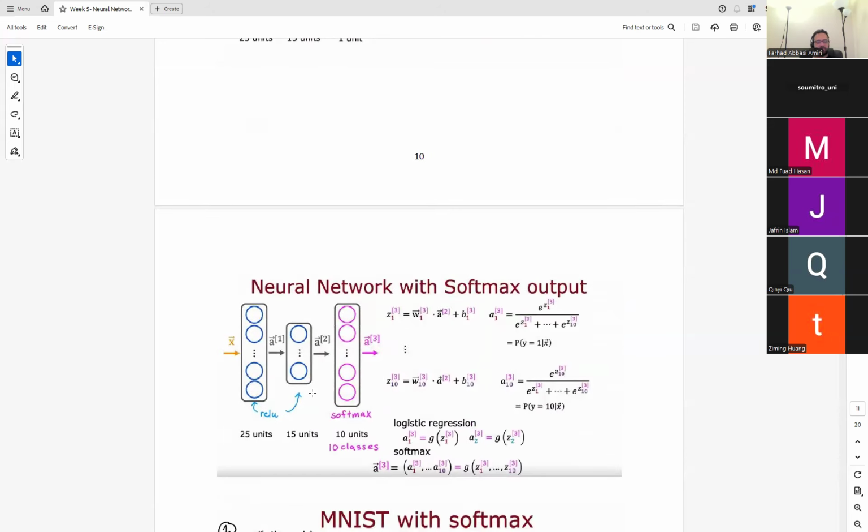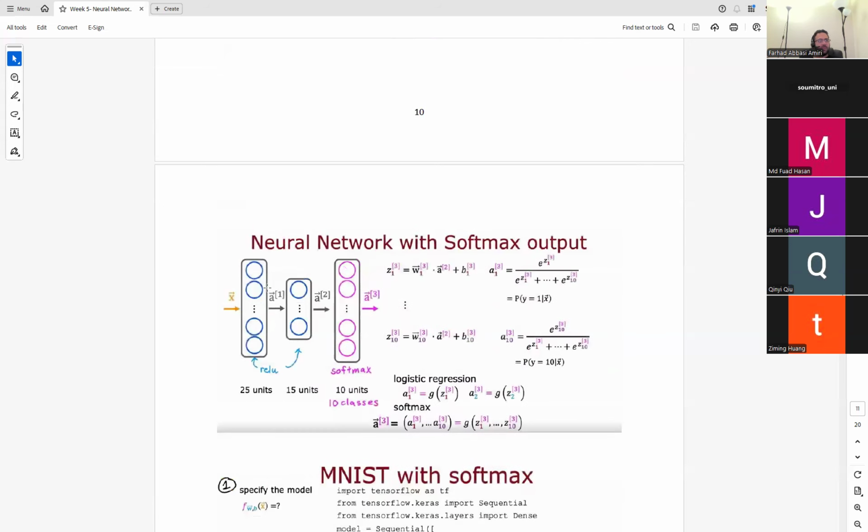For example, here, you have this structure of neural network. You have the first hidden layer, the second hidden layer, and because you're working on multi-class applications, your output has more than 2 possible values.